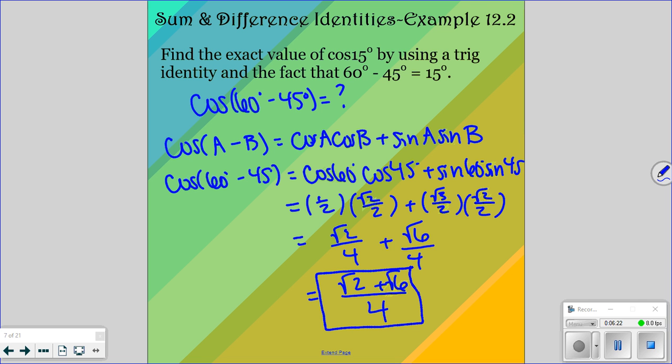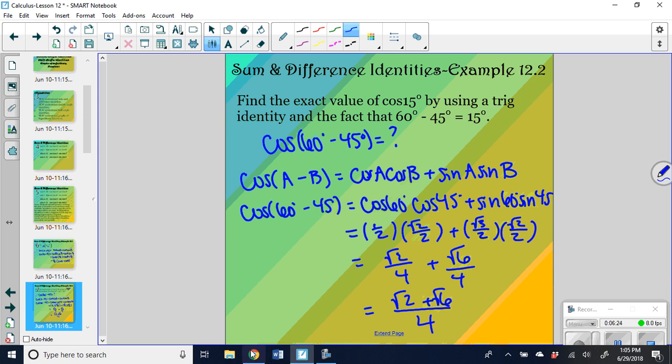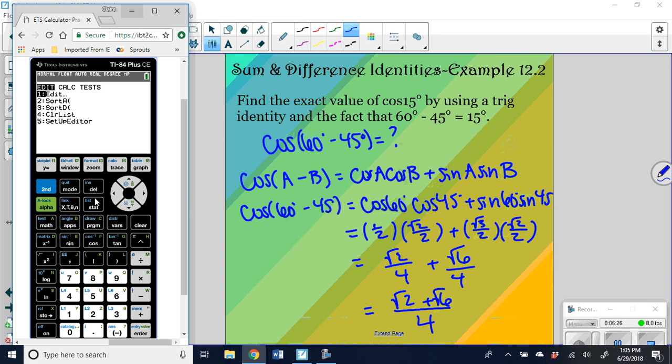Now you can actually use the calculator to check and make sure that this is correct, not to get your answer. We want to be in degrees, which we are. So the cosine of 15 gives me that decimal.